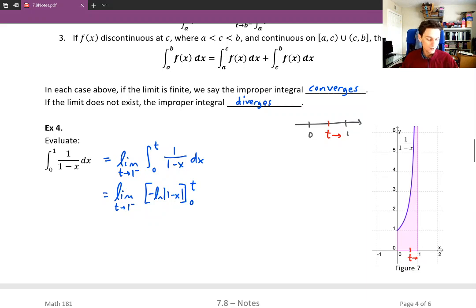If you took the derivative of ln of 1 minus x, that would be 1 over 1 minus x, but then times the derivative of 1 minus x, which is negative 1. So you need that extra negative to cancel off the negative 1 that multiplies out from the chain rule. So however you do it, mental u substitution or just thinking about the chain rule in reverse, that is okay, as long as it leads to the right place.